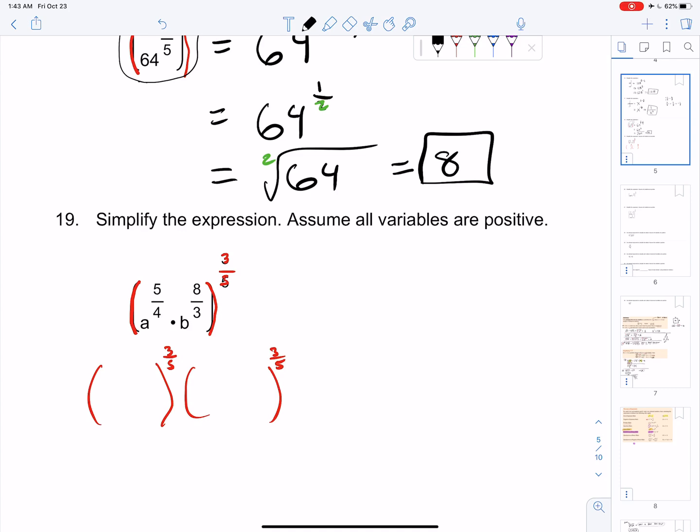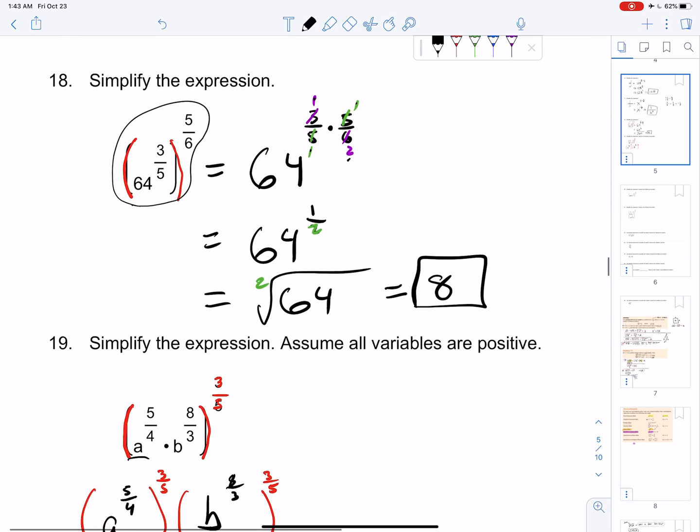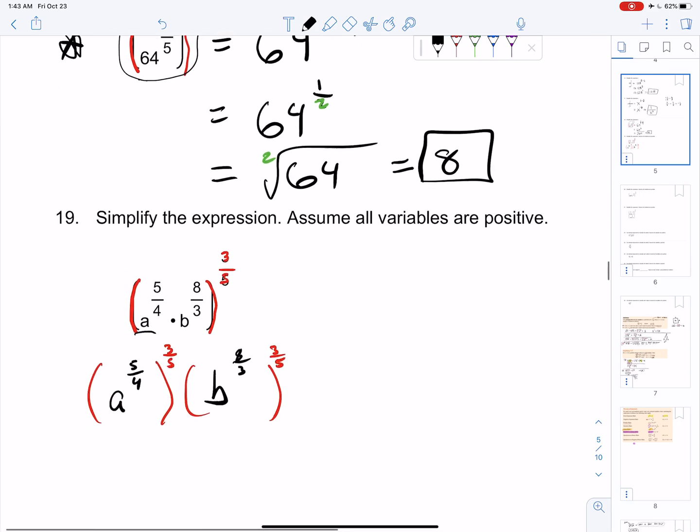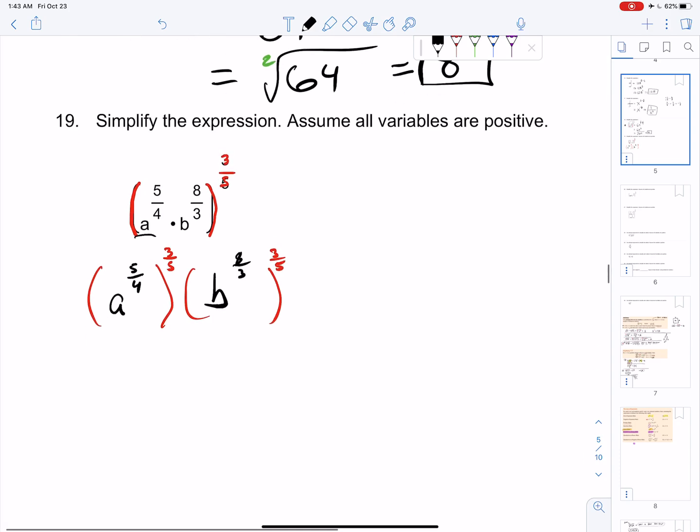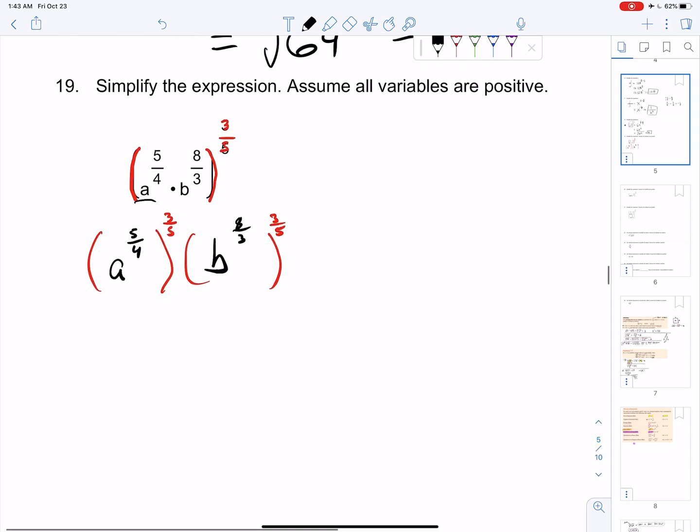Well, the first one right here is a raised to the 5/4 power, and b raised to the 8/3 power. Now we're back to this problem right here, the previous one. We have a power raised to a power. Now you don't need to write this again. You can just multiply it, but I'm just going to take an extra step to show that this is equivalent to 5/4 times 3/5.